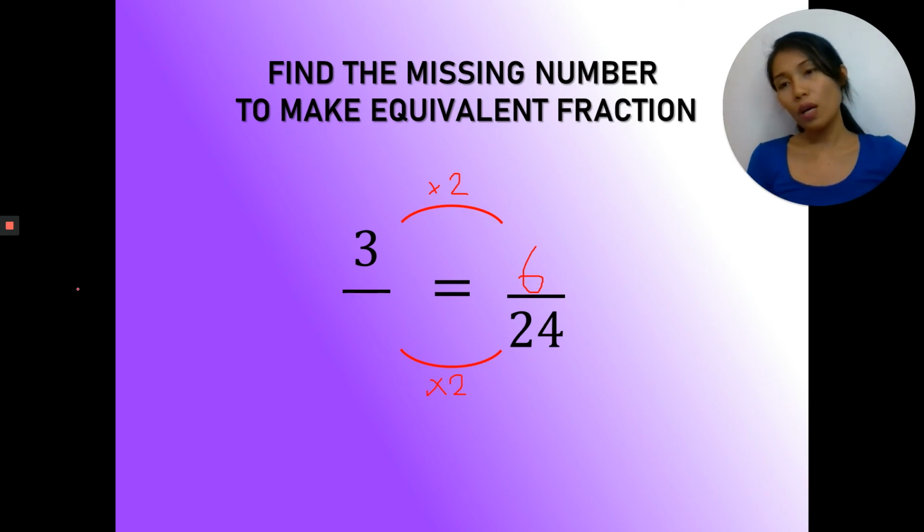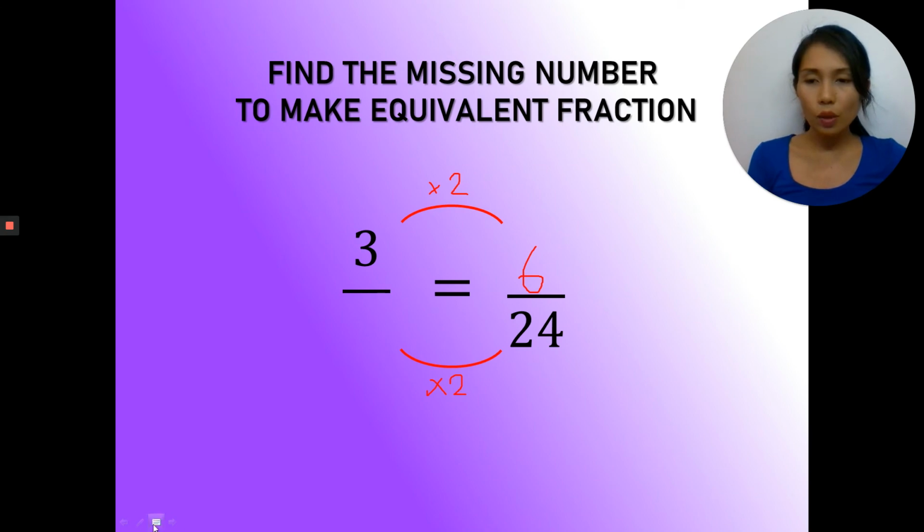So if we are reducing, that means we will divide. So we will change this times over here to divide. Okay, let's see. 24 divided by 2 equals 12. Right? So that 3/12 is equal to 6/24.